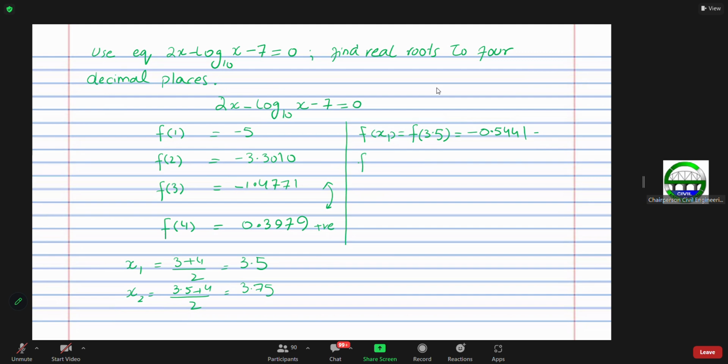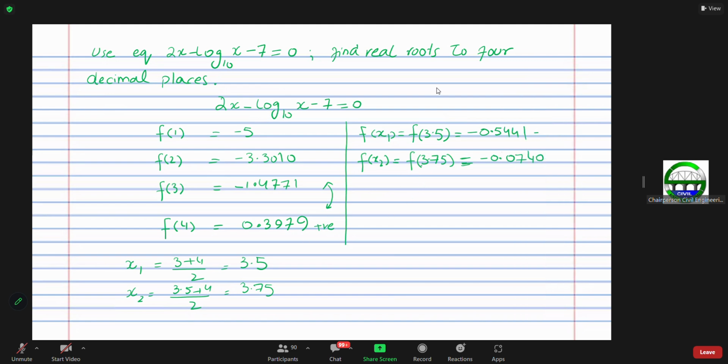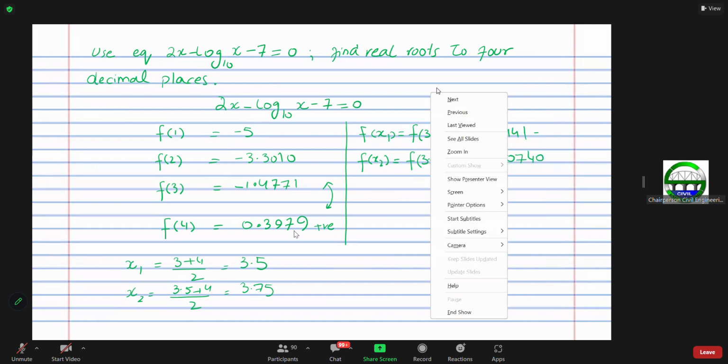So f of x2 is equal to f of 3.75. Can anyone give me this value, please? Minus 0.0740, right? So now it is negative, and our values lie between 3.75 and 4.